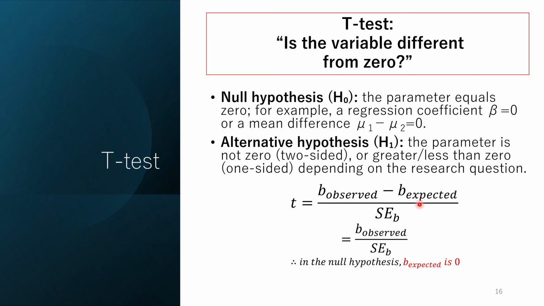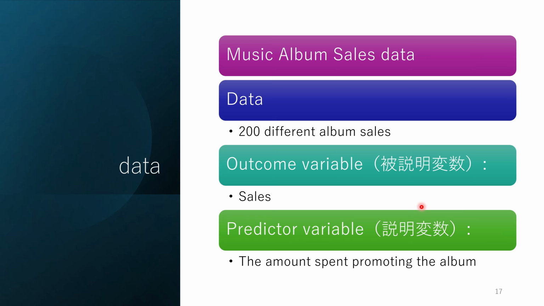In regression, the formula is here: t equals b observed minus b expected, divided by standard error. It follows the t distribution with the appropriate degrees of freedom. In short, the t-test asks: is the effect distinguishable from 0? Okay, so next, we will move on to the practice session of R.